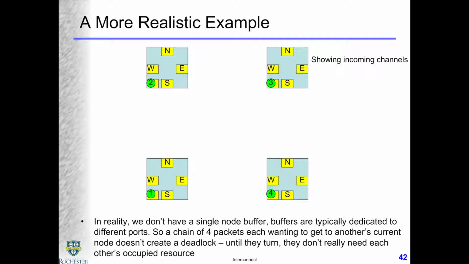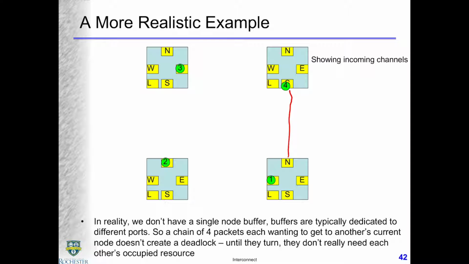Because they follow this channel, they will arrive at the south incoming buffer. All 4 packets will get to their corresponding buffers. And now they all want to make their left turn, or counterclockwise turn.